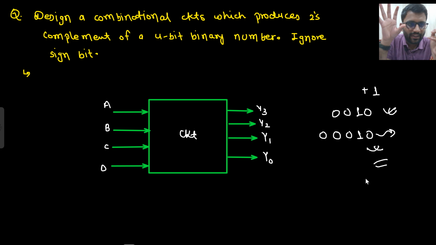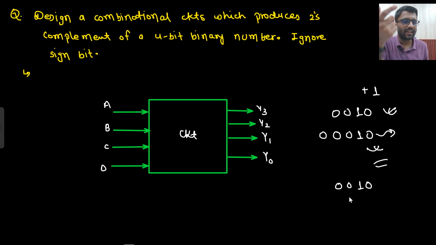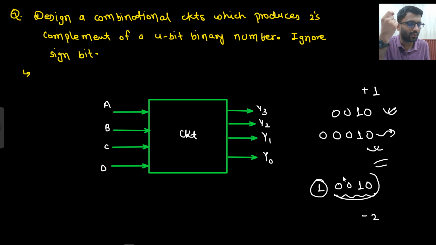But I will tell you one thing: if they are talking about 2's complement, they are talking about negative numbers only. If they say take the 2's complement of a binary number, that means they expect you to take the 2's complement of this, considering the bit 1 is already there. So they are expecting you to take the 2's complement of -2. This is 2 only, no?